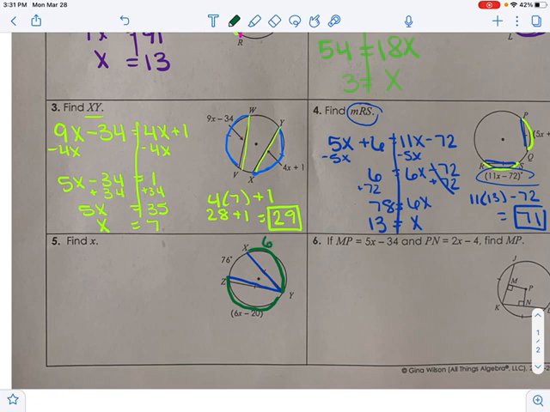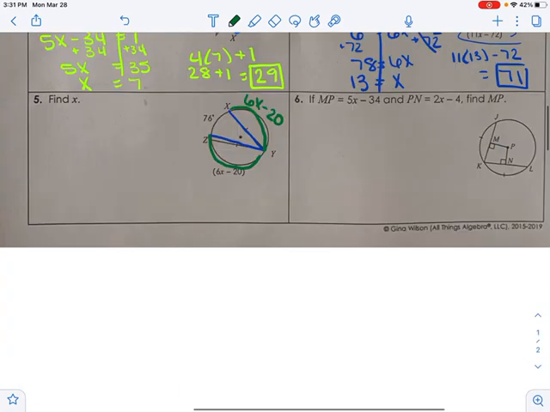So I know this is also 6x minus 20. Now all parts of my circle have been labeled, and a circle is 360. So you can add the two 6x minus 20s and the 76 and set it equal to 360.